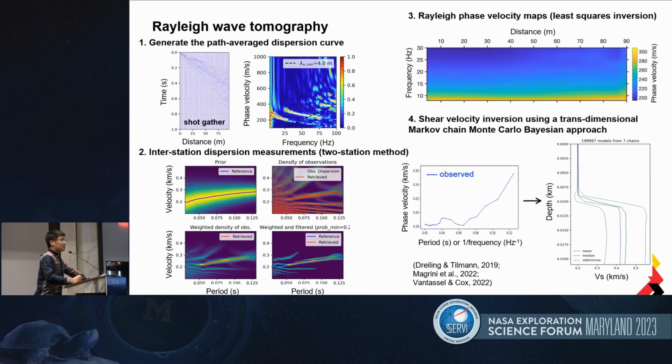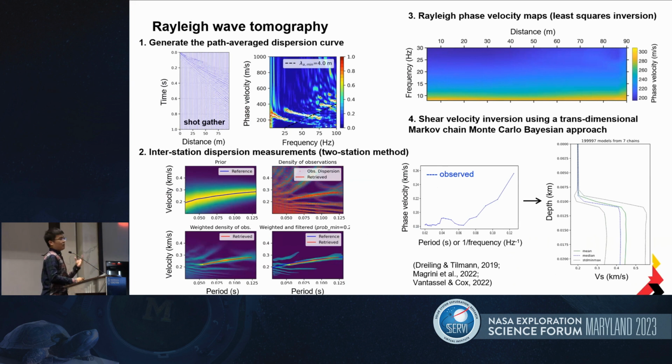So here we develop a workflow to invert for the near surface structures, and the workflow consists of 4 steps. First, based on the shot gather, we extract the dispersion curves and use the average over the line. Based on the average, we extract dispersion curves for each pair of seismic stations.